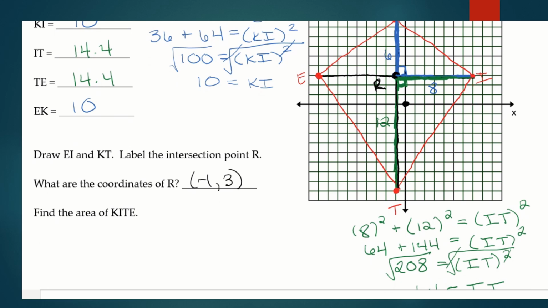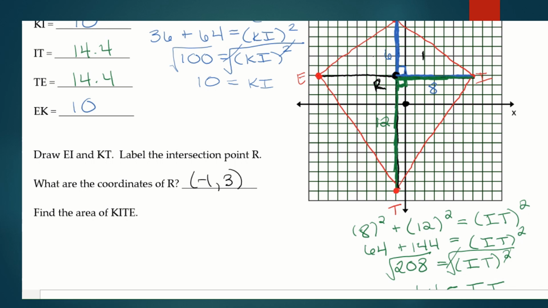I'm going to find the area of each of these individual triangles. You'll see that there are actually 4 triangles that have been created once we drew in EI and KT. So I'm just going to quickly show you the 4 triangles. Here's the first triangle, which is what we used to help us find the length of KI.